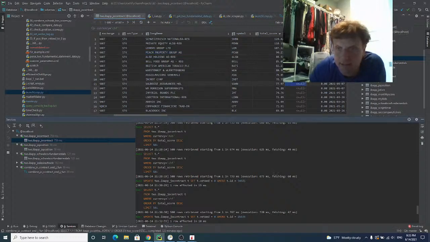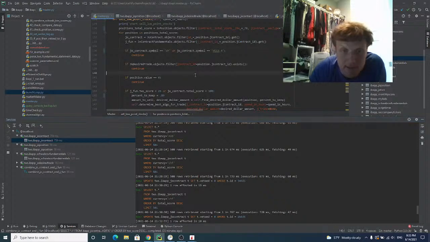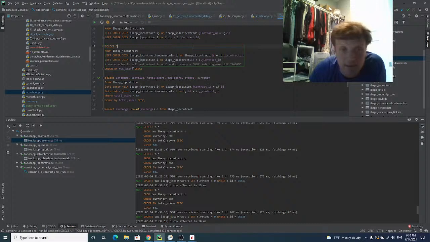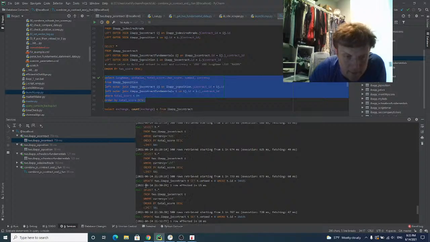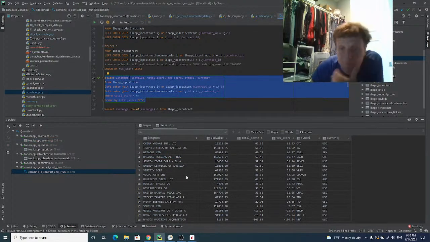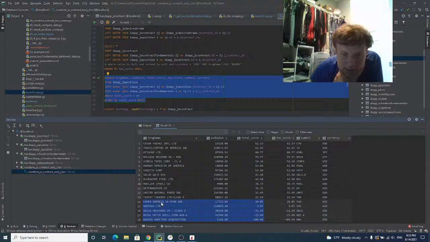Let's come back over and see what else we want to sell. We've got to run our little query again, don't we? Our fun little query that tells us all about what we're about to sell. Okay, executes. So once again, we're looking to probably be selling Navios, RDSA, South 32, DK Tankers, United Foods.